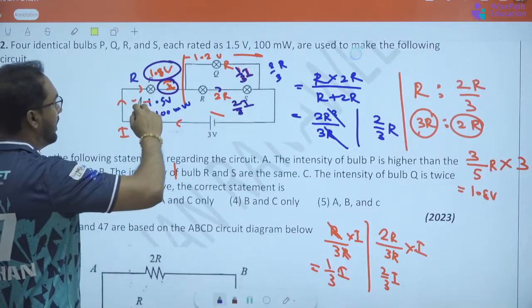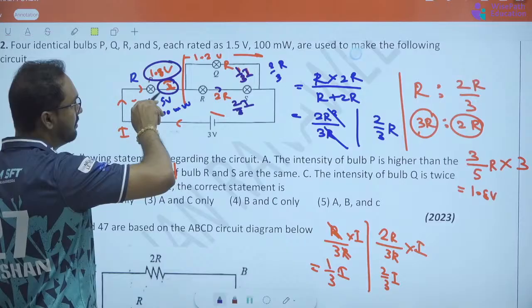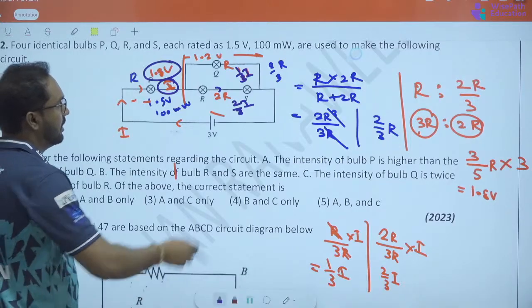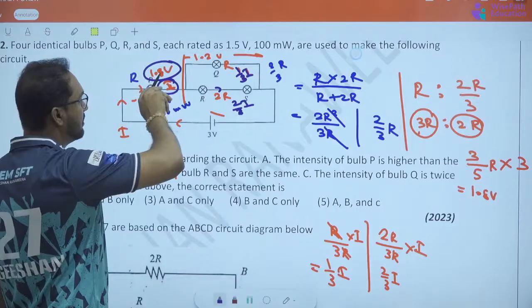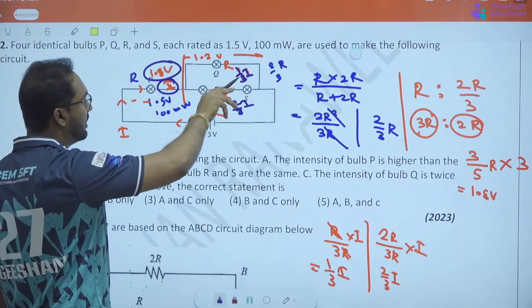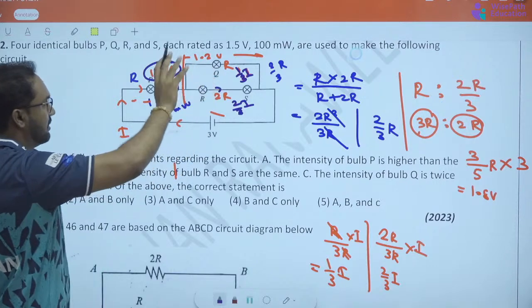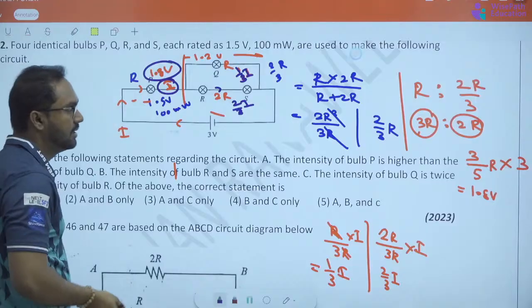Comparing P and Q, VI of P is greater, 1.8, and I is complete. For Q, the voltage is even less than 1.8, and the current is only 1/3 of the current. So definitely the VI, or the power, of Q is less than P.